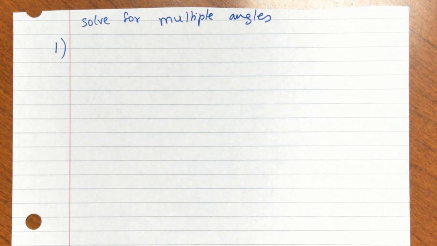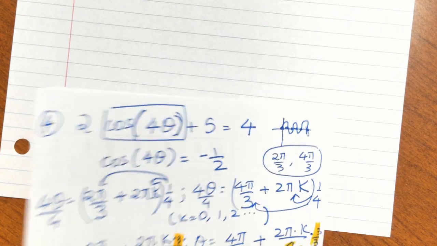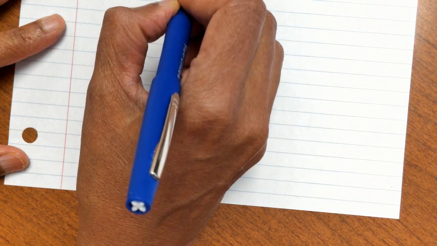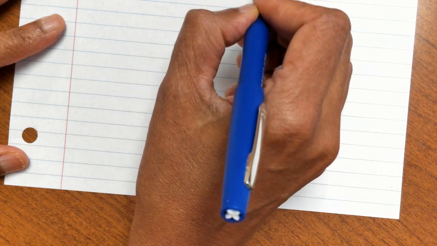You're given an equation where it's a multiple angle like this one, like what we just did. Your step number 1 was to isolate, and that's what we're going to do. We said let's isolate the term that contains theta. So isolate the term that contains theta.